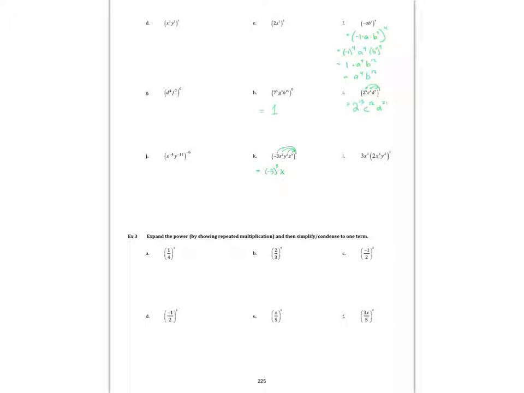So x to the 6th, y to the 18th, and z to the 27th. I'm raising a power to a power, so I'm multiplying the exponents. And then negative 3 to the 3rd is a negative to an odd power, so it's still going to stay negative. And 3 to the 3rd is actually 27, 3 times 3 times 3. So negative 27, x to the 6th, y to the 18th, z to the 27th.